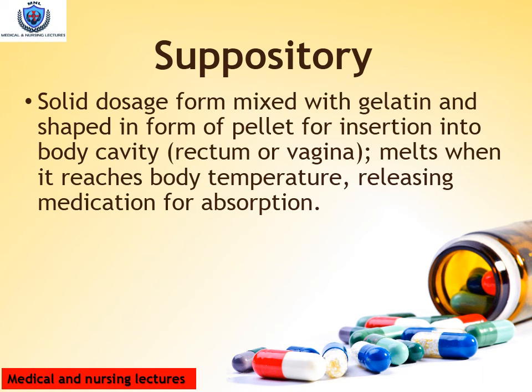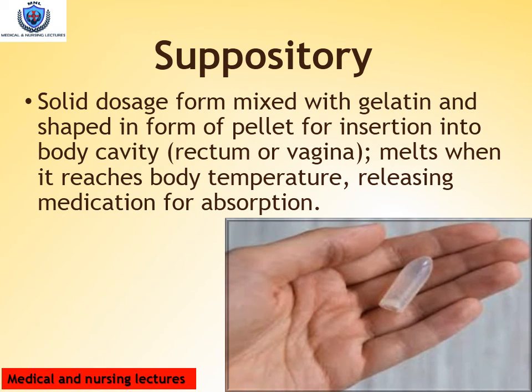Suppository: solid dosage form mixed with gelatin and shaped in form of pellet for insertion into body cavity, rectum, or vagina. Melts when it reaches body temperature, releasing medication for absorption. The common types are Napa suppository and glycerin suppository as well, which we use for the constipation, to relieve the constipation.